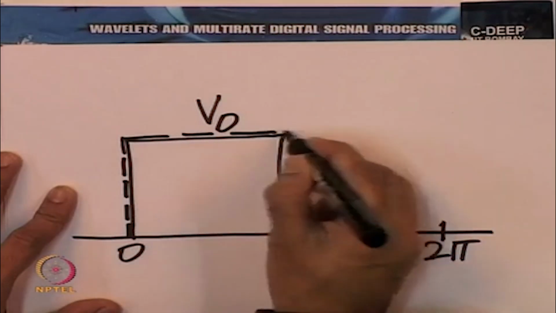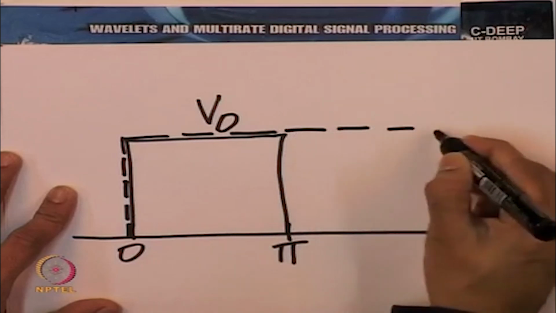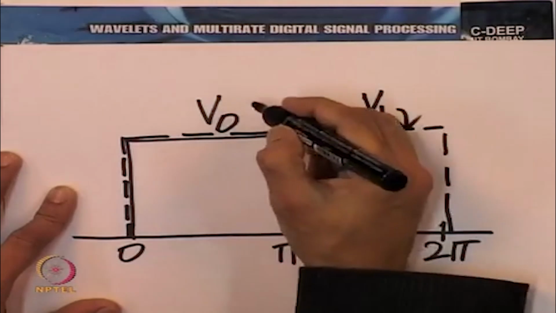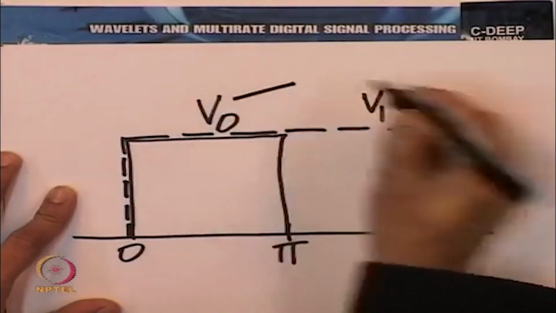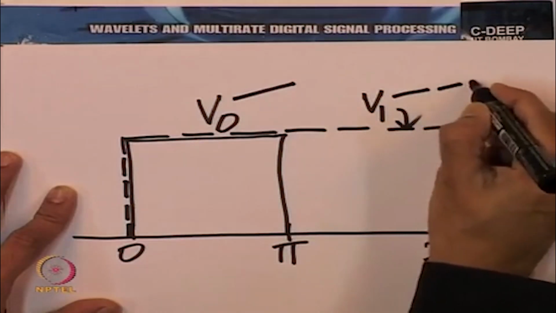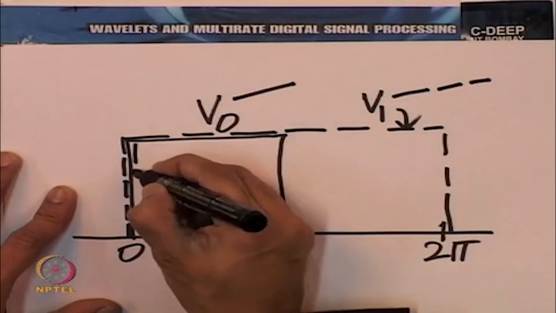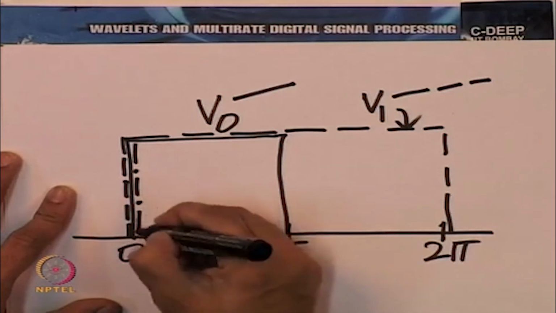This is what V 1 does. So, V 0 is the solid line, V 1 is just the dashed line, and V minus 1 is the dot dash line that I am drawing now.